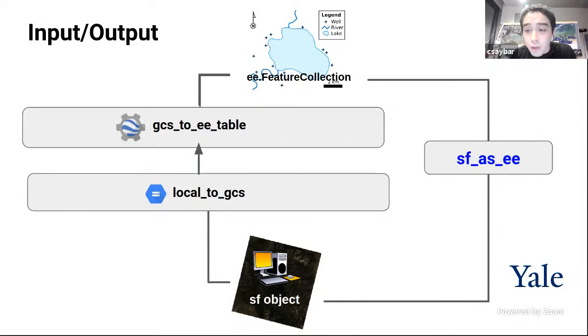But it's also just one line of code. If you want to upload geometries from your local environment to Google Earth Engine, you can use sf as EE, or if you are interested in images, just raster as EE. That's the idea.